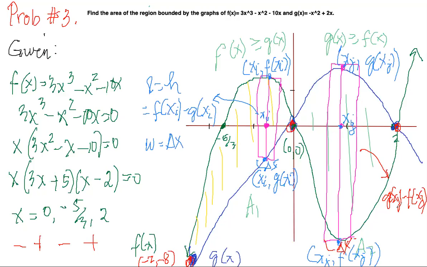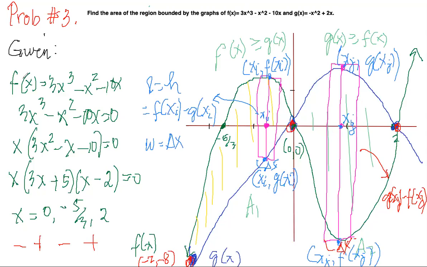We have g of x sub j minus f of x sub j, since g was on the upper part above f of x, times delta x.